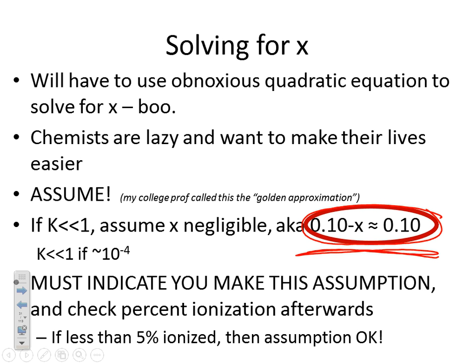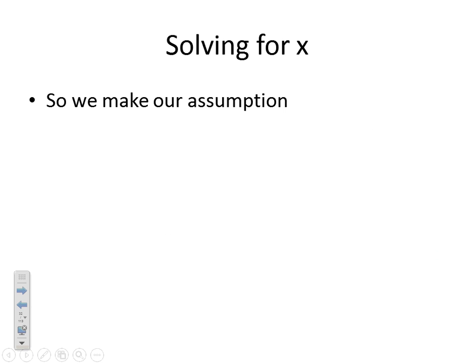You have to use words and sentences in order to do that. So in either case, you have to do something. It's not like you have to do more work for the assumption. If you want to use a quadratic, show me the complete quadratic, show me the two answers, and explain how you know which one is correct. Or you can simply use the assumption, show me that you're making the assumption, then go back and check it when you're done. I strongly encourage you to do that.